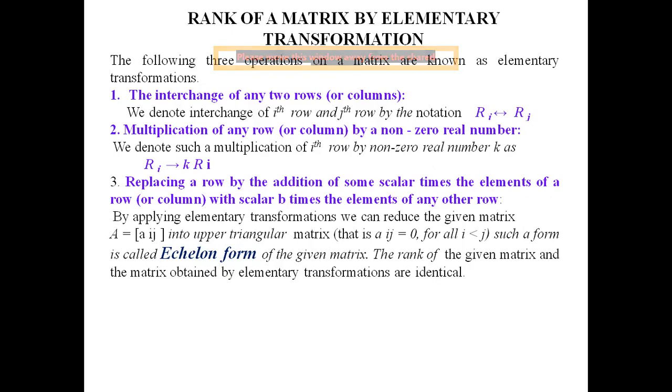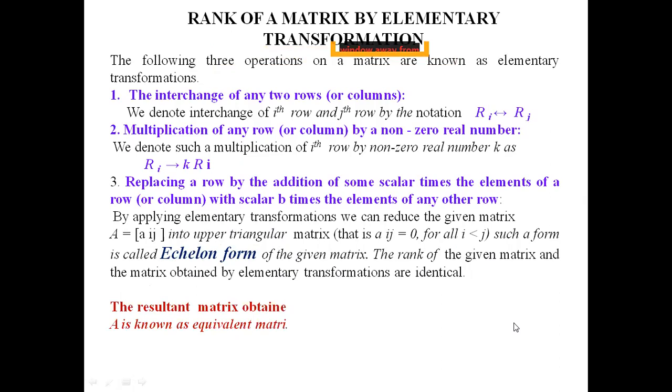So you just count how many non-zero rows exist in the echelon form. Echelon form means reducing the given matrix to upper triangular form, where all the elements below the diagonal must be zero. The number of non-zero rows gives the rank of the matrix.